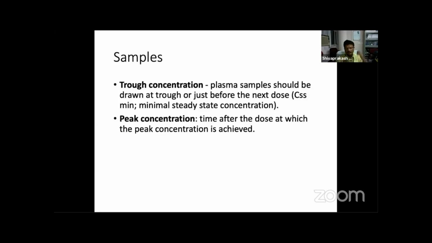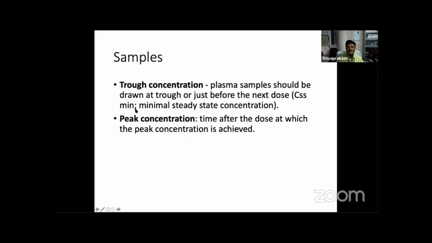When you do therapeutic drug monitoring, you need to take a trough concentration. Plasma or even serum can be taken, drawn at the trough. Trough means just before you give the next dose. For example, if you are giving a dose twice daily, tomorrow morning he has to take the next dose, so just before taking it, you take the sample for TDM.